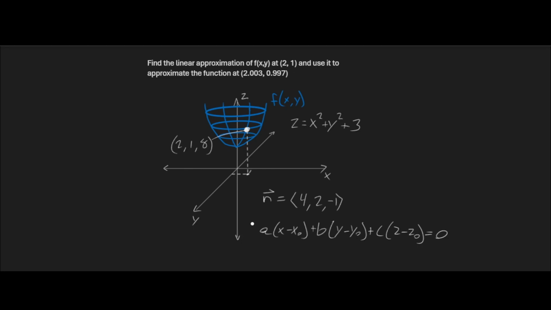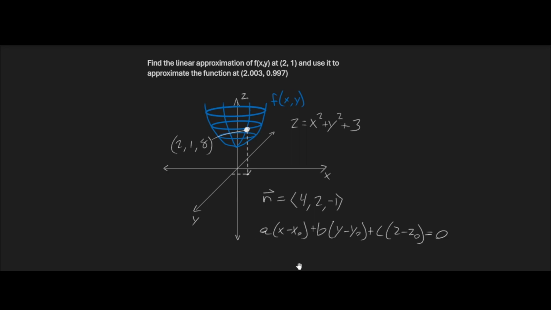And remember that the equation for the plane is a(x - x0) + b(y - y0) + c(z - z0) = 0, where a, b, and c are the components of the normal vector, and x0, y0, and z0 are our point on the plane. So x0, y0, and z0 is going to be 2, 1, 8. And a, b, and c is 4, 2, and -1.